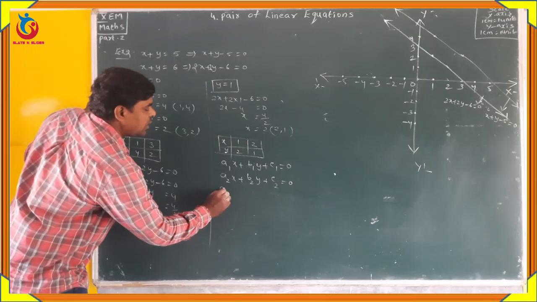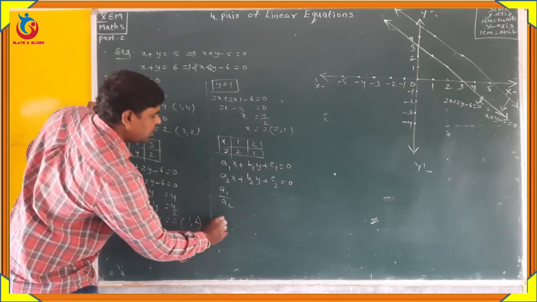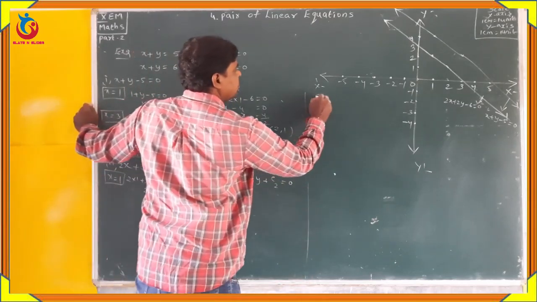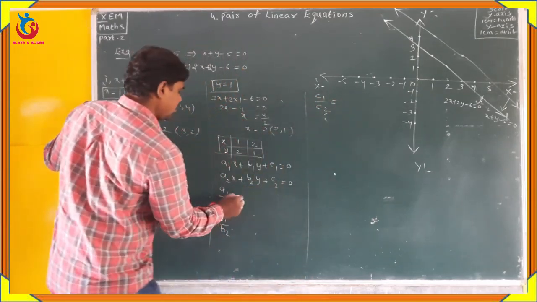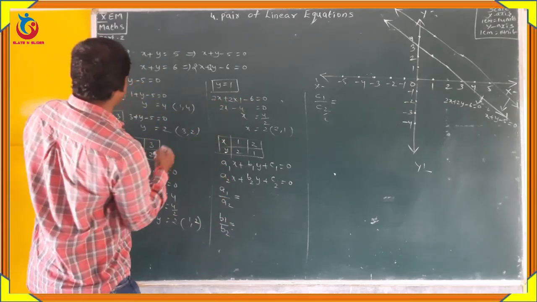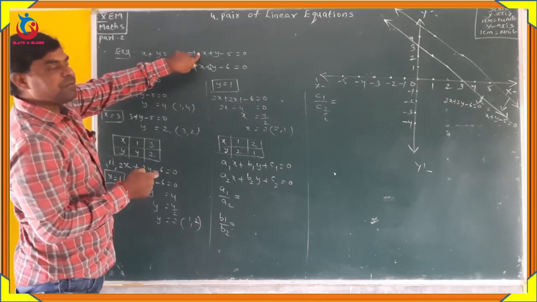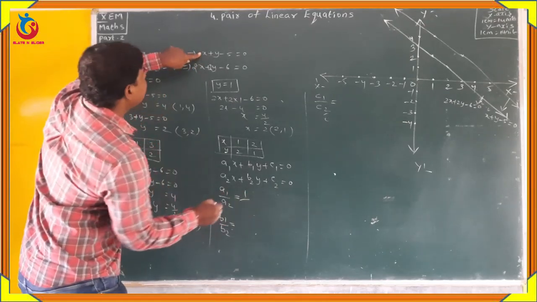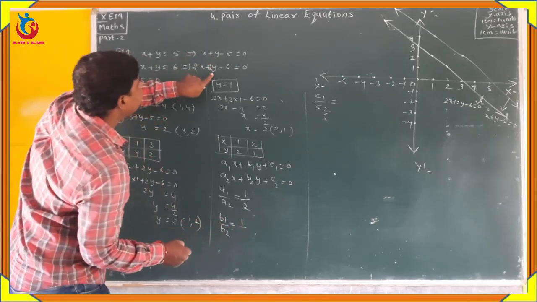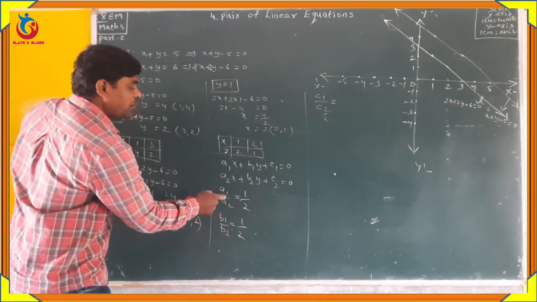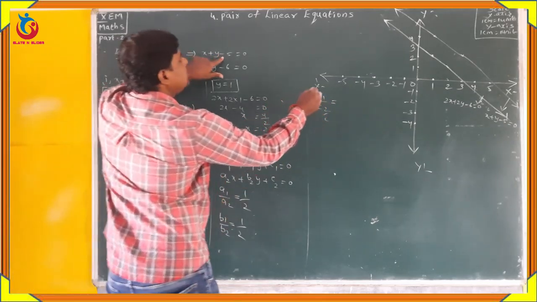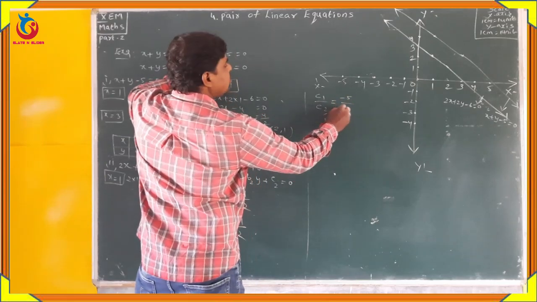Here also find a1 by a2 and b1 by b2, and then find c1 by c2. a1 is the coefficient of x, that is 1, so 1 by a2, a2 is 2, and b1 by b2 is 1 by 2. Both are equal. So if a1 by a2 and b1 by b2 are equal, then we have to find c1 by c2. c1 is minus 5 and c2 is minus 6.